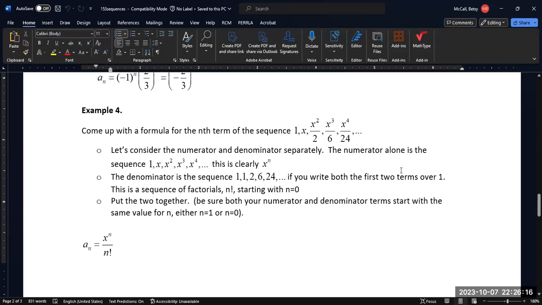Now, you're never going to get good at this without doing a lot of practice examples. And again, sometimes it can be useful to come up with a recursive formula and then use that to come up with an explicit formula. But often you can go directly to the explicit formula unless the sequence is extremely complicated.